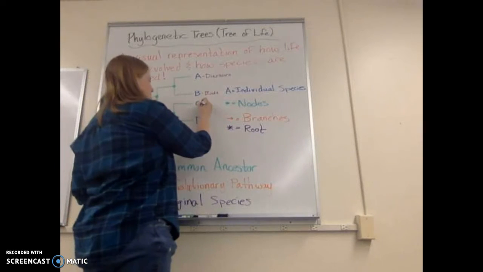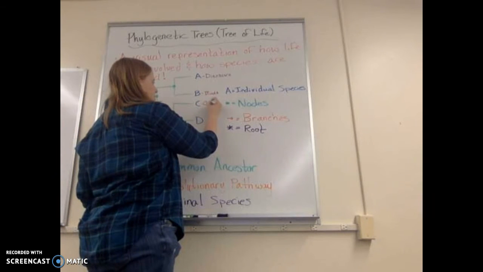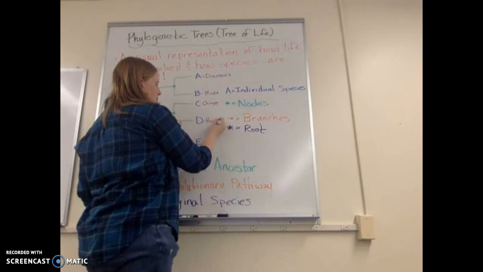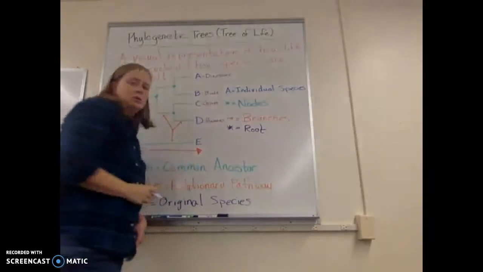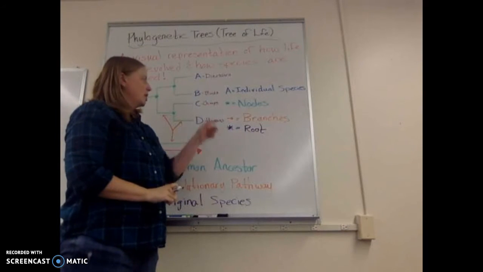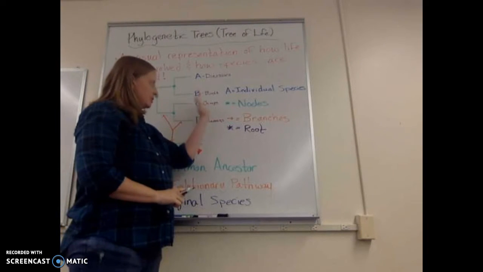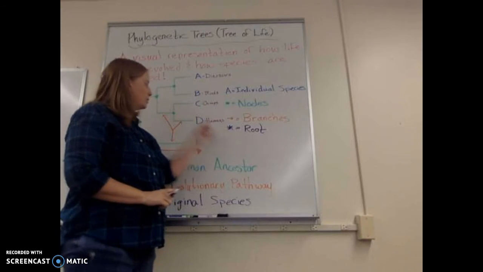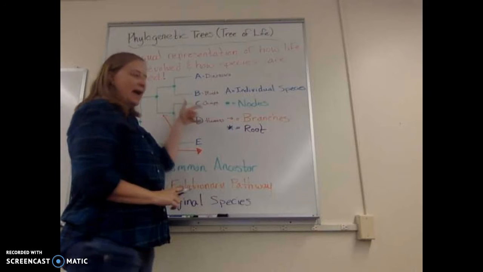Let's say that C is chimpanzees and D is humans. Now, humans didn't evolve from monkeys. Monkeys and great apes took a different path from humans. Okay, we branched off and took a different path.